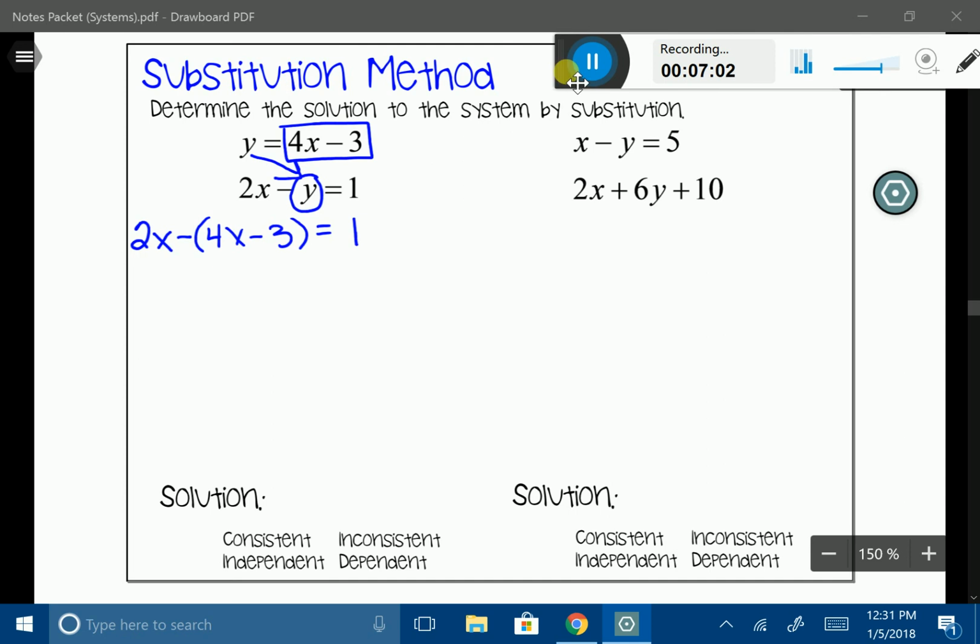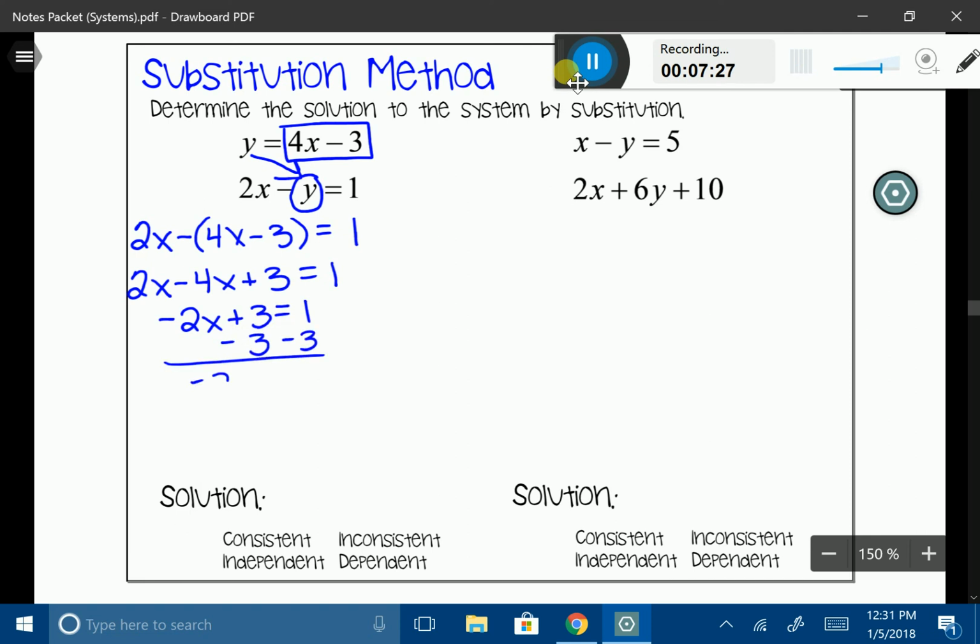What I did was I substituted that in for the y, so now I have to actually simplify this by distributing. There it is. Go ahead and simplify this down. And I'm going to get x is equal to 1.